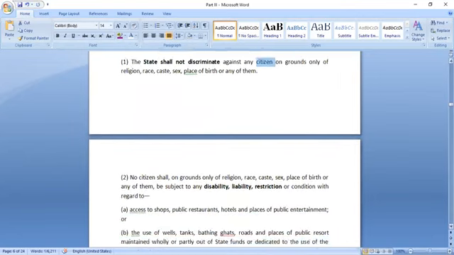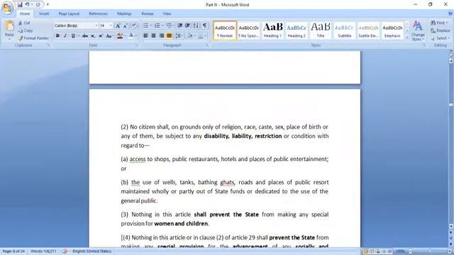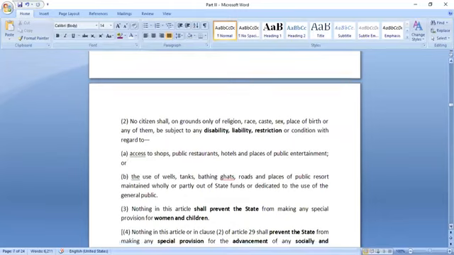No citizen shall be discriminated against on these grounds regarding any disability, liability, restriction, or conditions regarding access to shops, public places, or using any publicly accessible facilities.